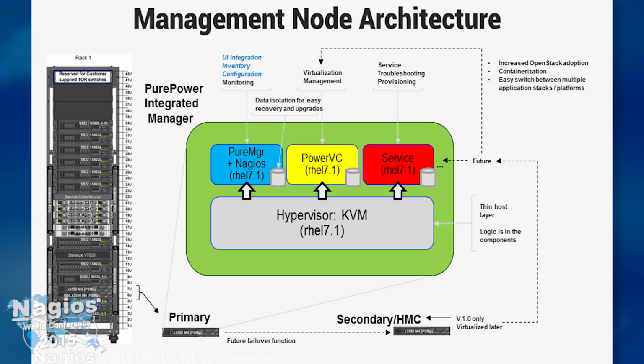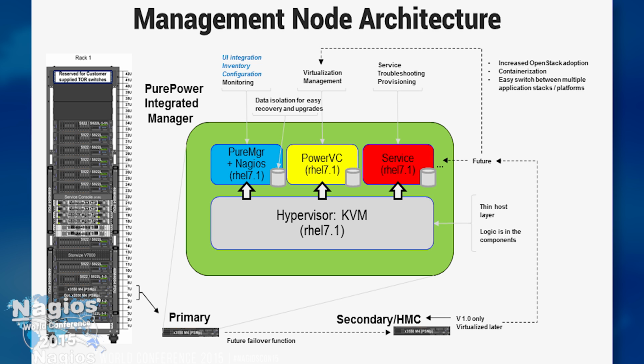Okay, so this is the picture I referred to before. You may ask, this is a converged infrastructure based on Power, so why are you using x86 to run your management stack? One of the main reasons was the HMC, that application I talked about before. It is an appliance, and today it is only supported to run on x86.